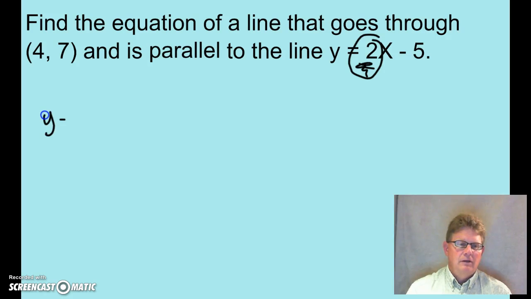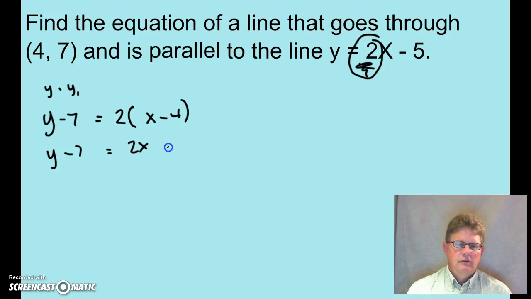So y minus y sub 1 equals the slope 2 times x minus 4: y minus 7 equals 2x minus 8. Add 7 to both sides. Y equals 2x minus 1.